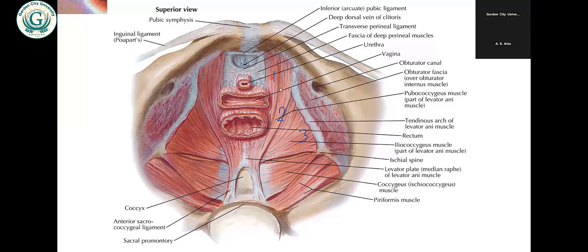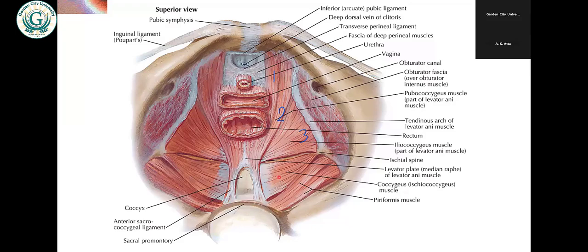So the puborectalis, pubococcygeus, and iliococcygeus are collectively referred to as the levator ani muscle. And the levator ani muscle, together with the coccygeus, constitutes the pelvic floor muscles.